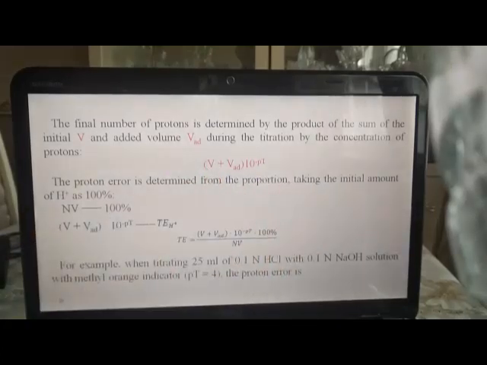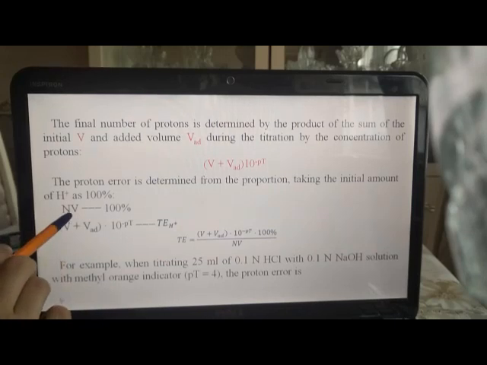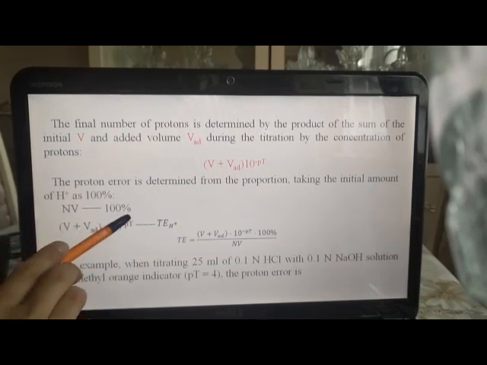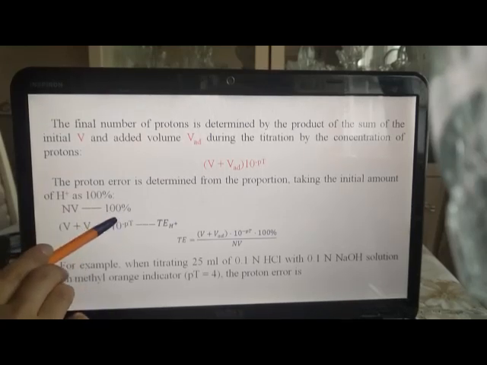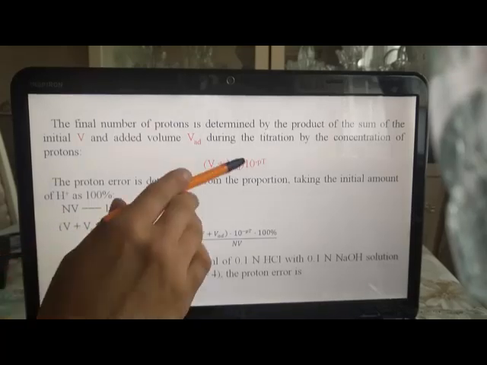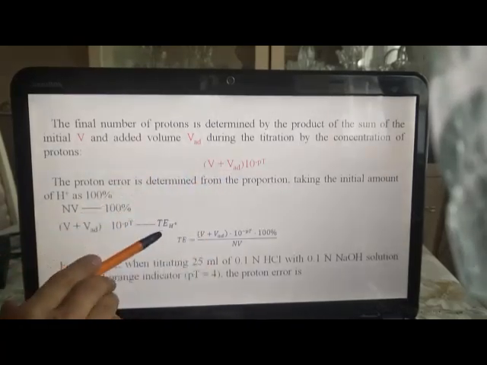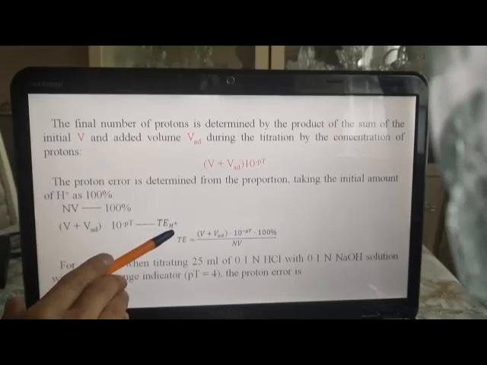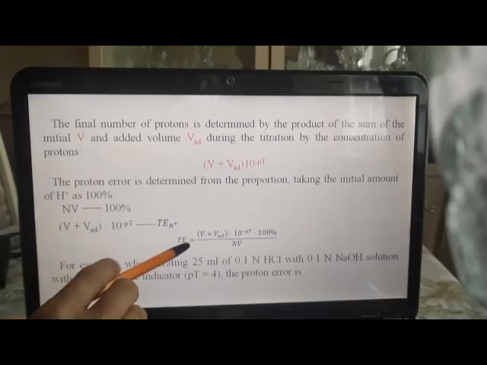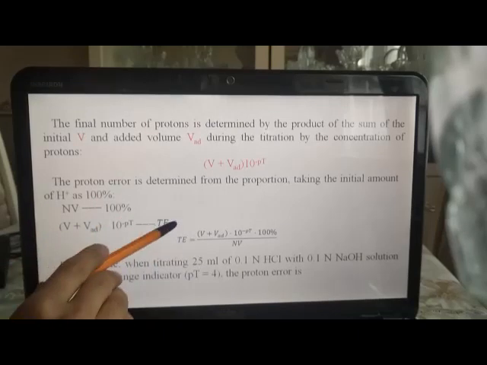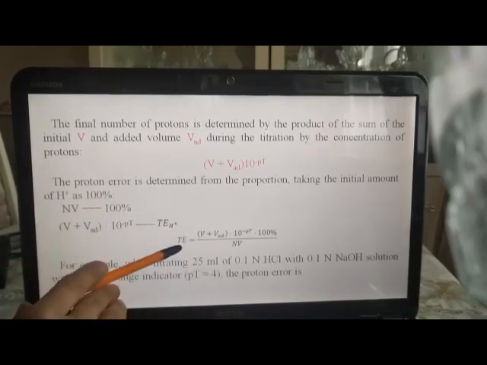The proton error is determined from the proportion, taking the initial amount of hydrogen as 100%. Normality and volume of solution correspond to 100%, and this equation to the titration error of the hydrogen protons, and the titration error from this proportion is found.